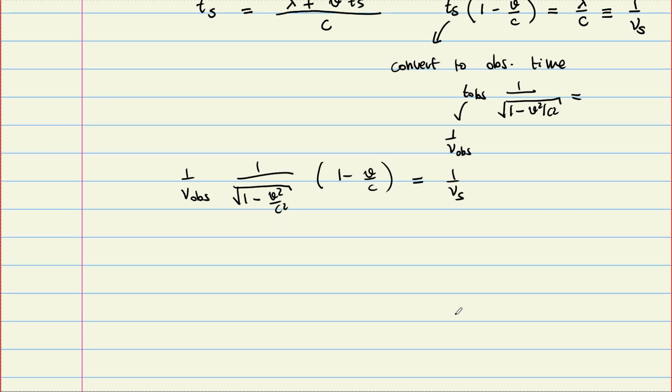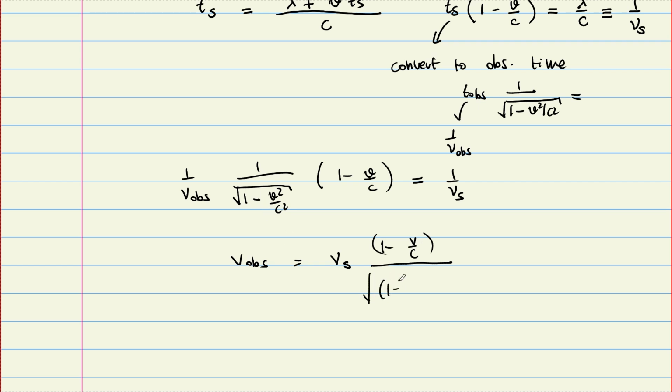Good. And lastly, nu observed is going to be equal to nu source. Let me first write and eliminate. So this is v over c, and this is 1.